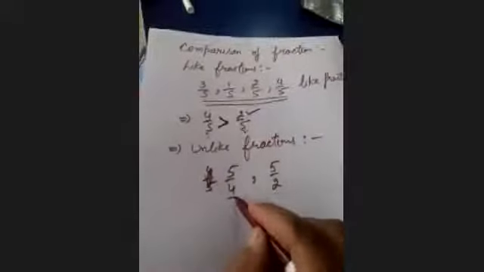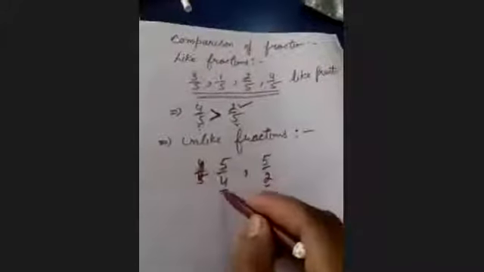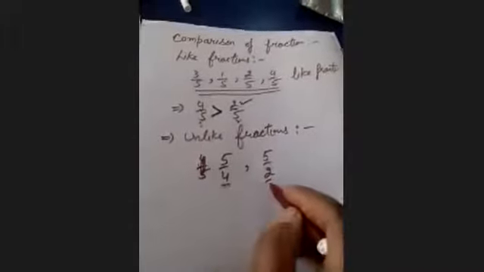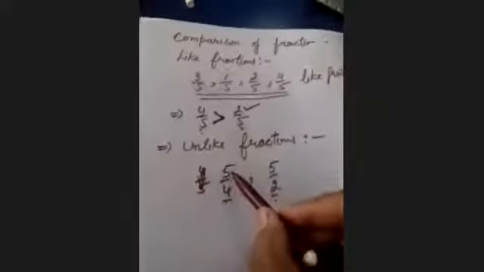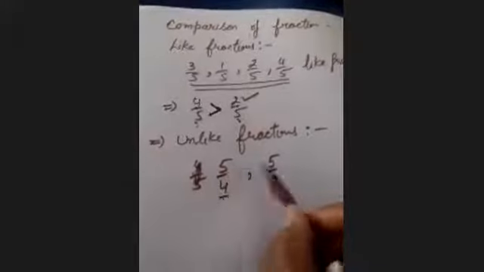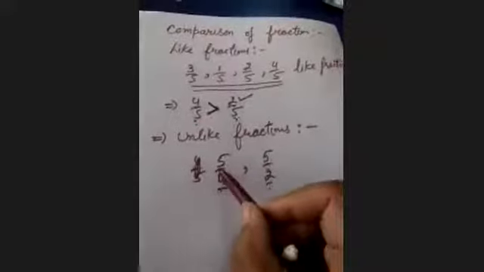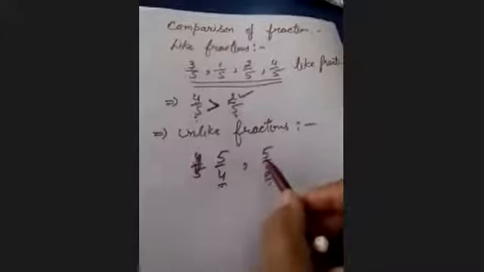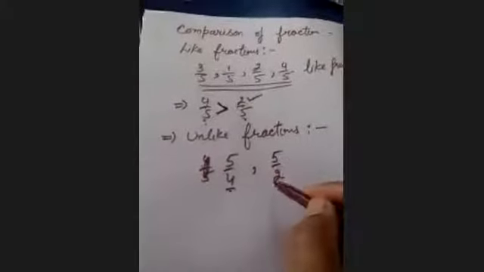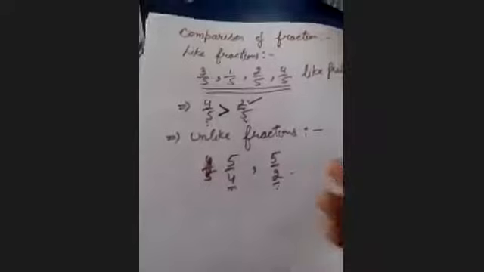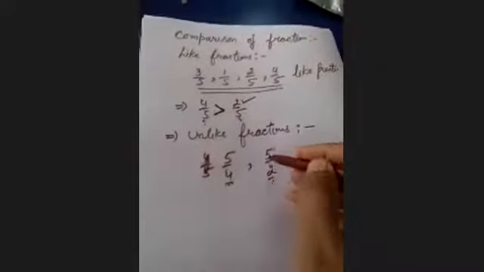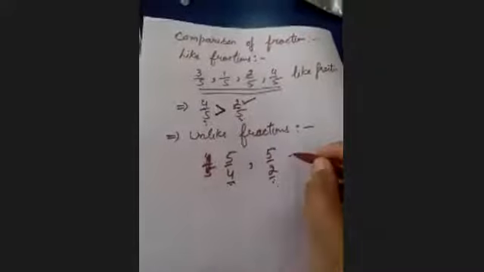Now the denominators are 4 and 2. The denominators are different. It means these fraction numbers are unlike fraction numbers. Now compare numerators. The numerator is the same. Yes, friends, when the numerator is the same, then our result is opposite. So 5 upon 4 is less than 5 upon 2.